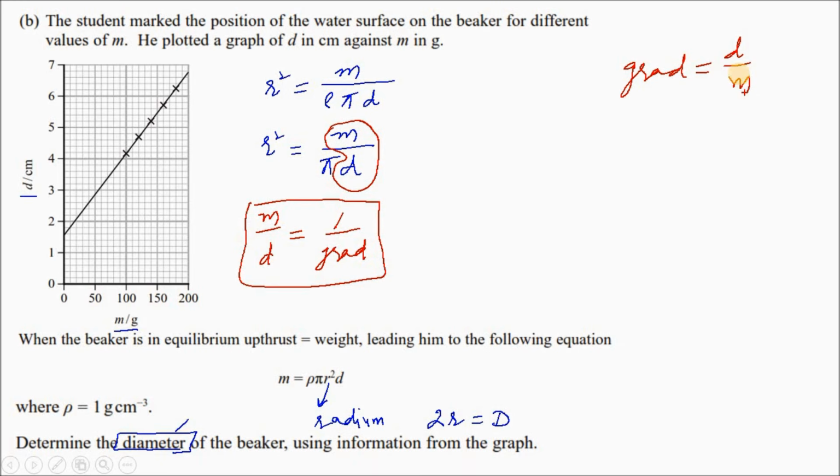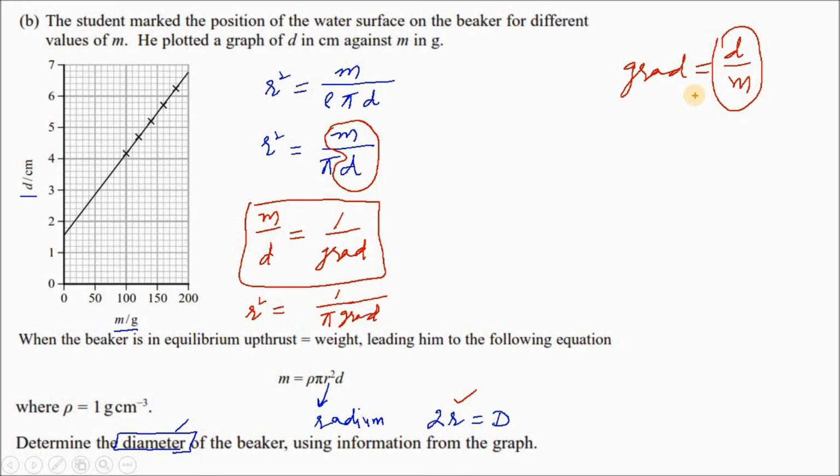But in our formula we don't need d by m, we need m divided by d, which is 1 upon gradient. That means from the graph, if you can figure out the gradient, then r square will be 1 upon pi times 1 upon gradient. So r square will be equal to 1 upon pi into gradient. That's how you can figure out the radius, and then after taking a square root, you can double it, and then you have your diameter. So let's find out the gradient.